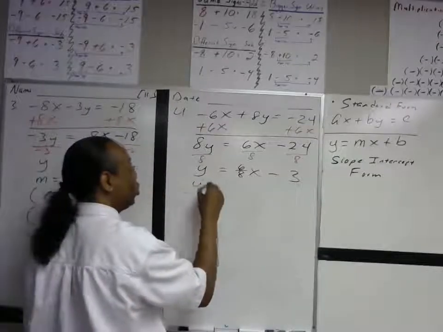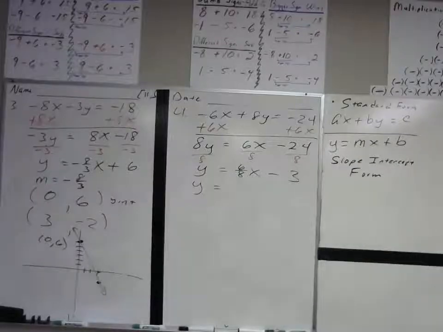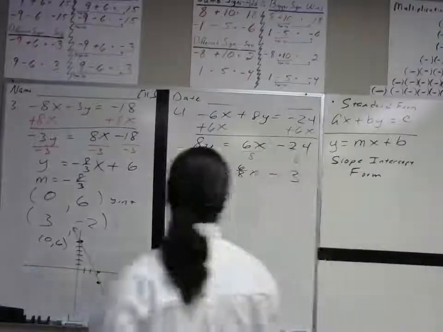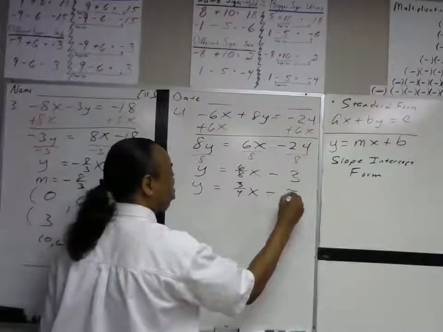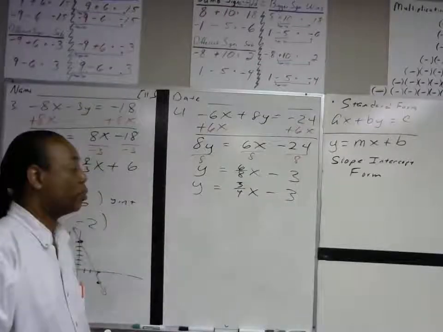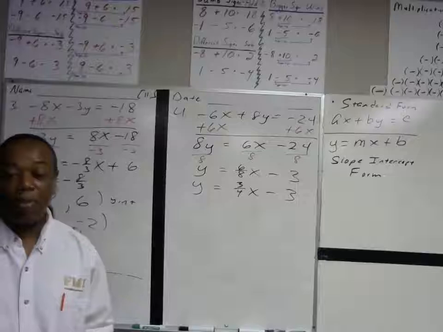But as was just said, 6 over 8 can be simplified by removing the factor of 2 from the numerator and denominator. It simplifies to 3/4. So always simplify when you can.